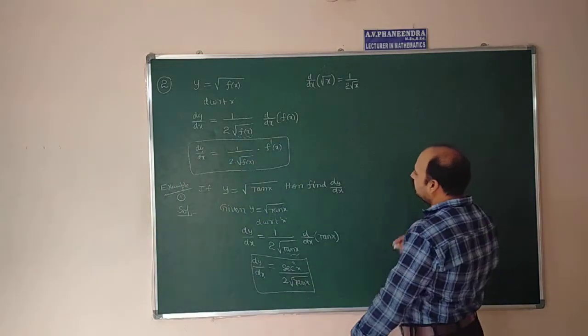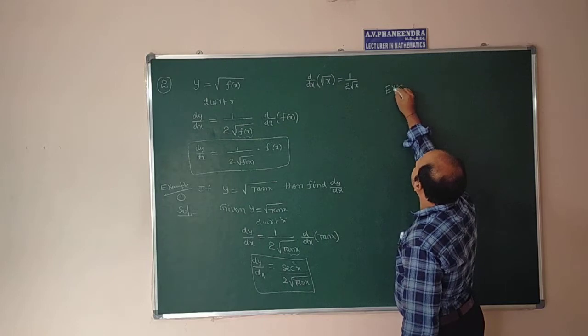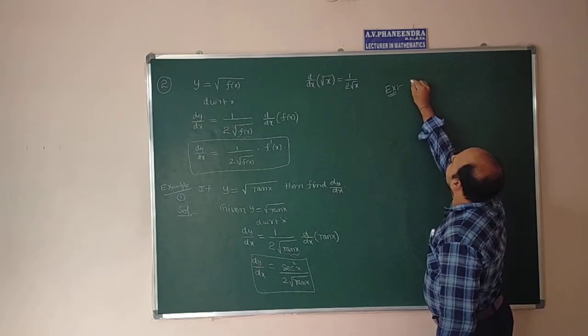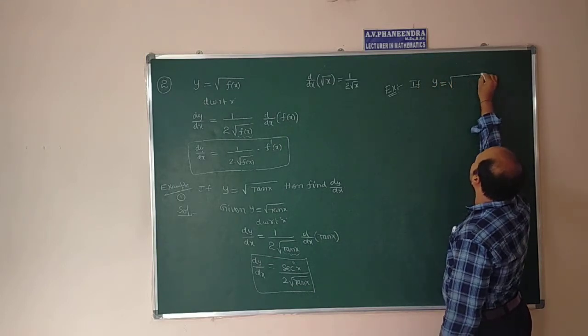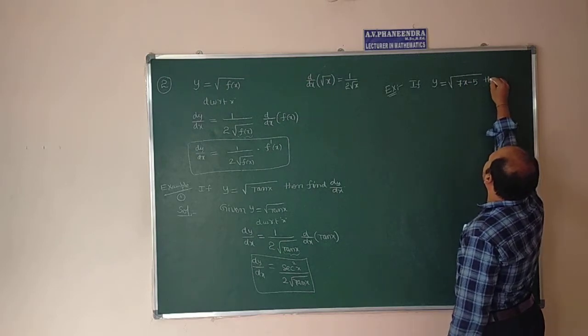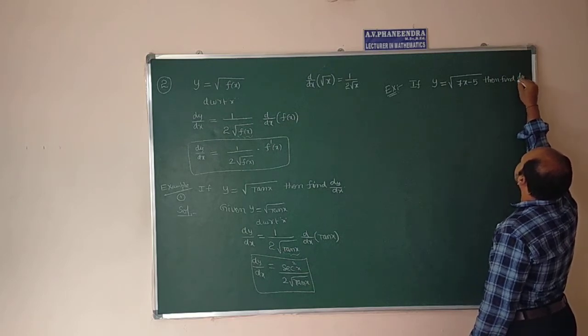One more example. If y is equal to root of 7x minus 5, then find dy by dx.